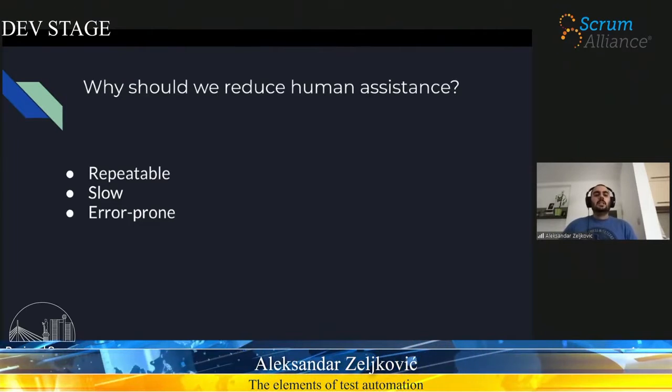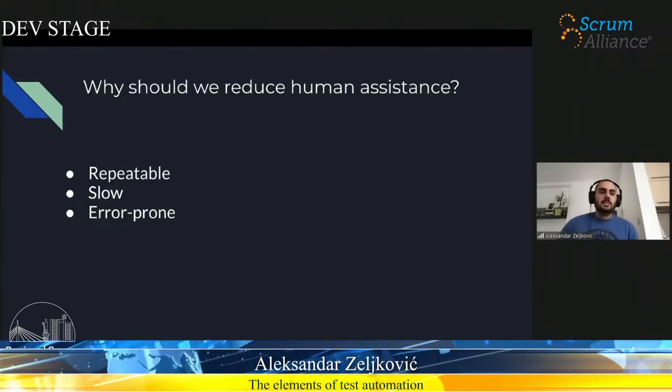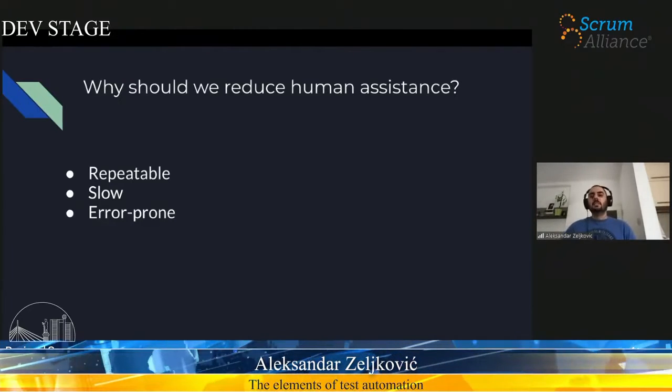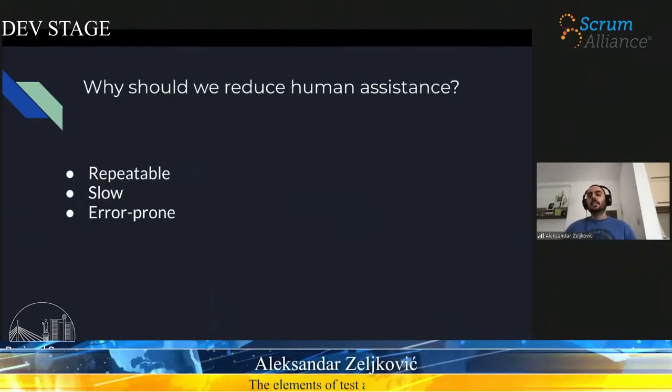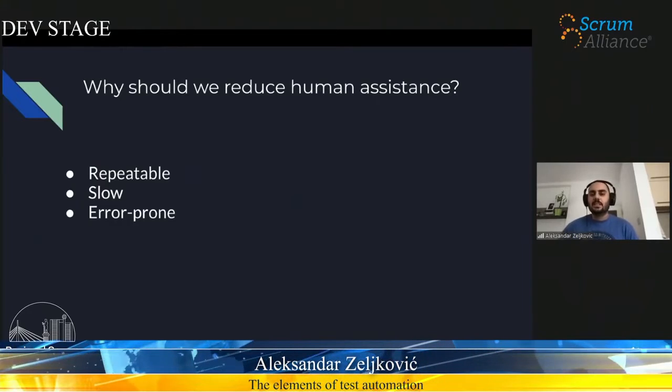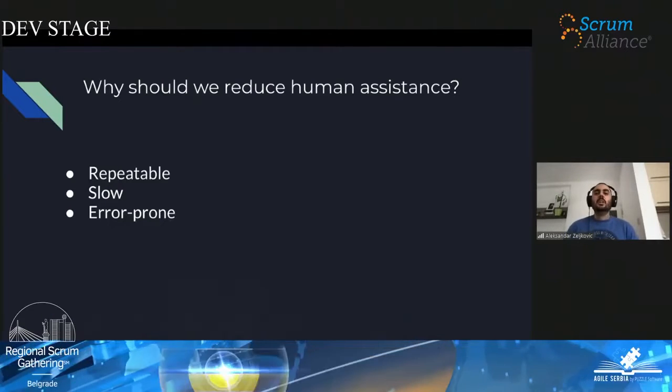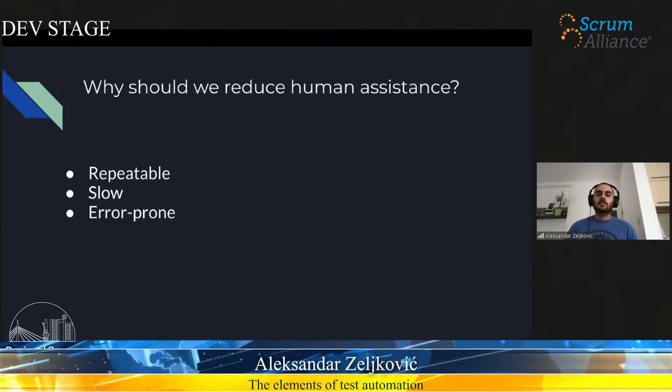First of all, there are a lot of repeatable tasks out there, and we as humans, when we are doing something over and over again, which is not challenging for us, lose our motivation, lose our focus, and don't want to do it anymore. So that is a good place for a machine or software to take over and do that repeatable job instead of us.